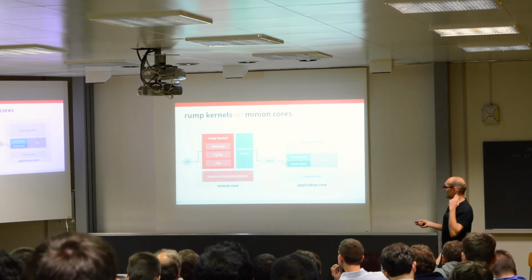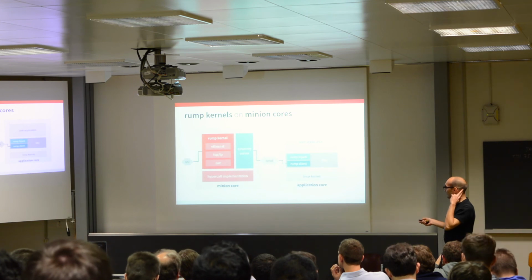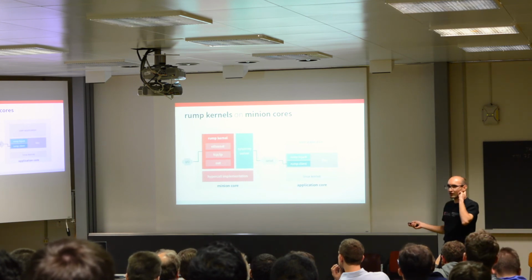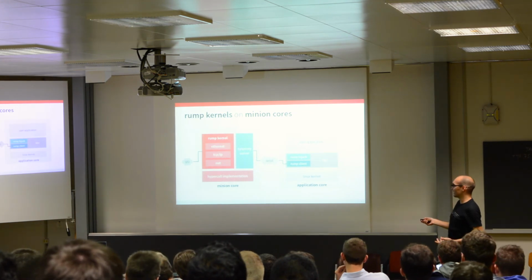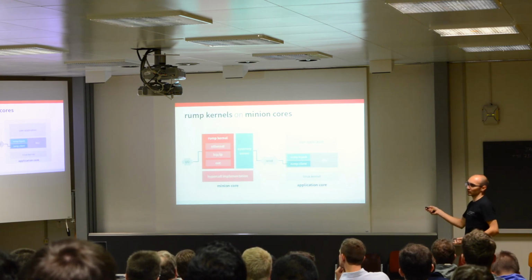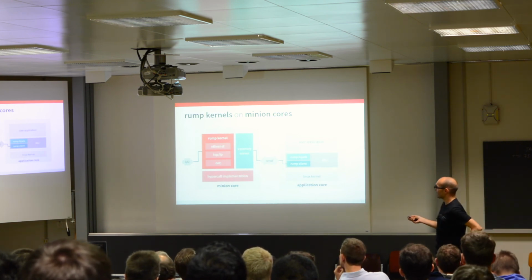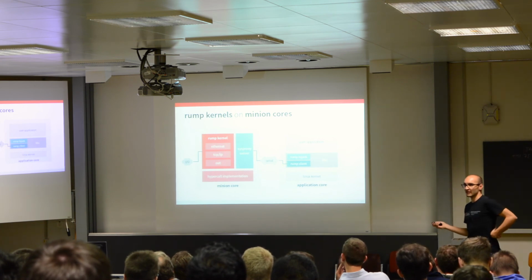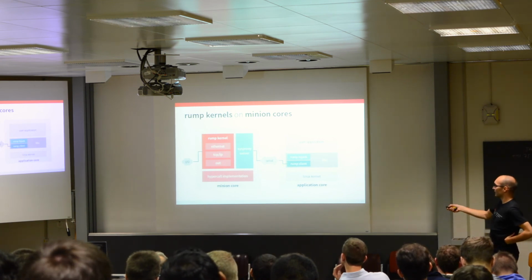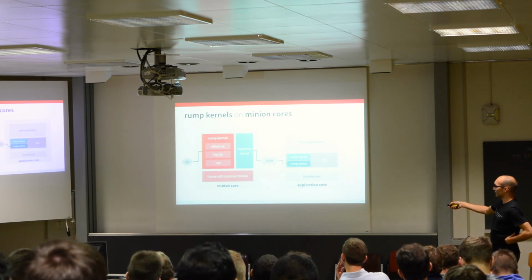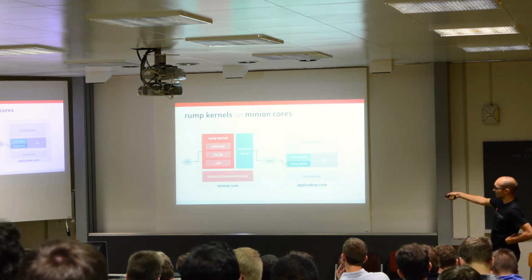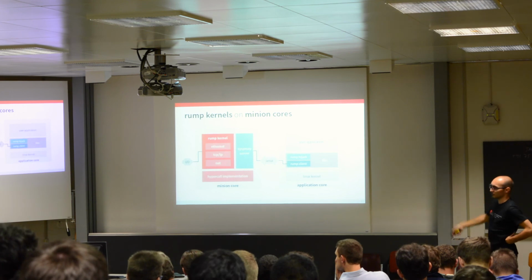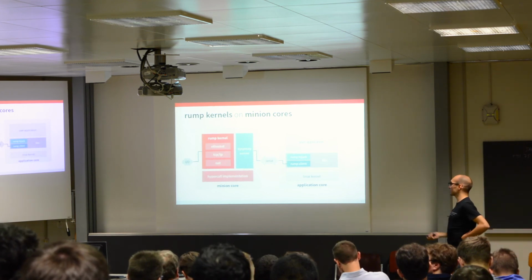I told you that Rump kernels don't have interrupts. That's kind of true, but it doesn't mean that you cannot have an application still invoking the interrupt handler in the Rump kernel. So what happens if you have a receive interrupt from Spike, from the HDIF thing, is that it will trigger the interrupt, and this will invoke a call into the Rump kernel, telling it there's a new packet, please receive it.